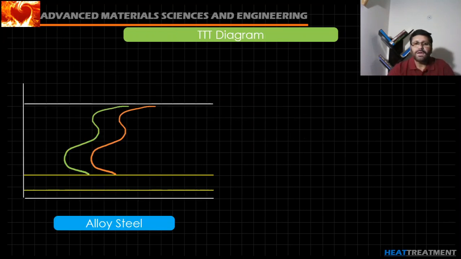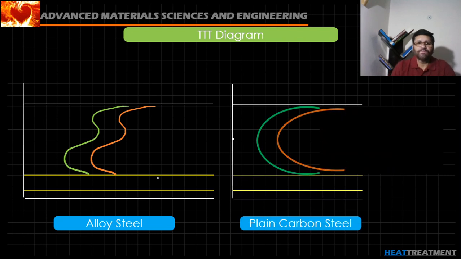Now if we consider the TTT diagram for alloy steel, as well as the TTT diagram for plain carbon steel, here we have the same eutectoid temperature for both the cases. The martensite start and martensite finish temperature.